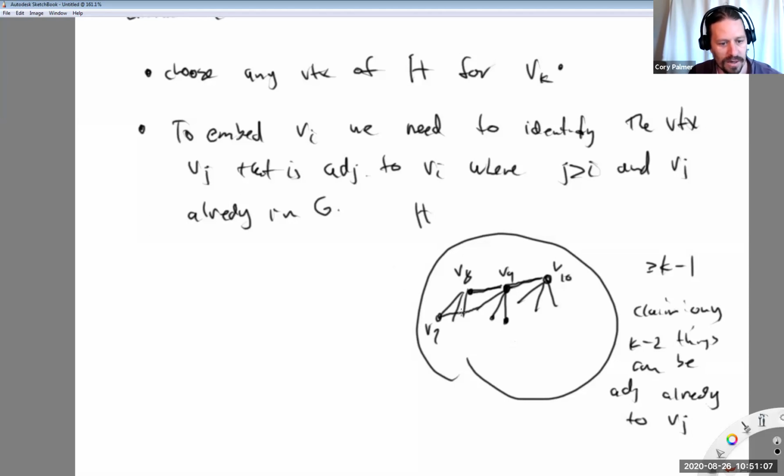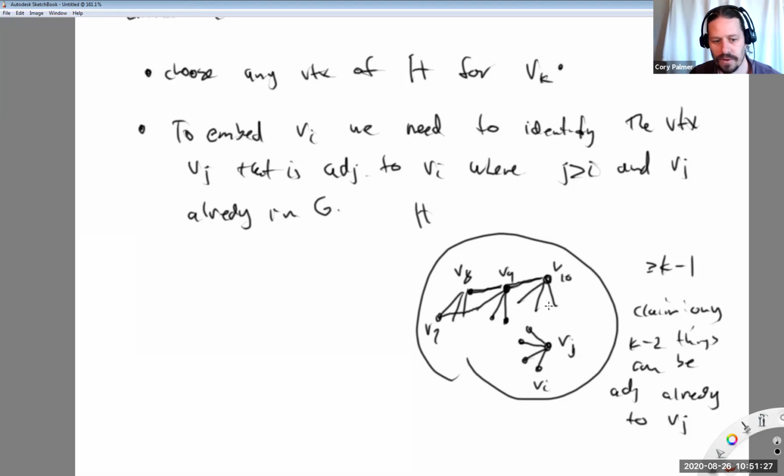So remember, what am I trying to do? I'm trying to embed Vi, and here's Vj. This is the general situation. There's Vj and it has some edges coming out of it. And I want to find one of these vertices to be free. So I'd like to put Vi here, but I can't put Vi there if each of these vertices has been used up by something else.